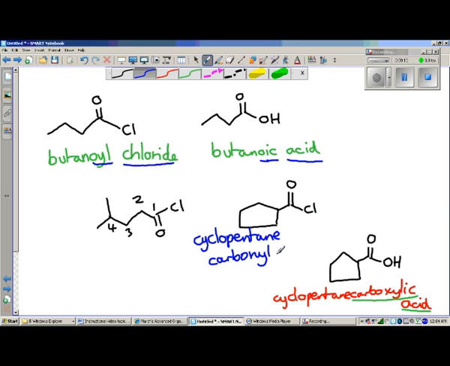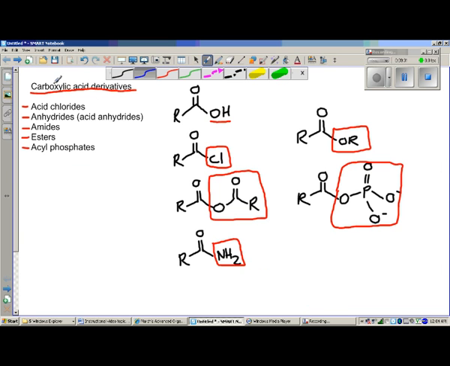Well, you haven't got your chlorine there, your chloride. So therefore, cyclopentane carbonyl chloride. And that's it. Alright, so remember, always start from the corresponding carboxylic acid and then work backwards from there.